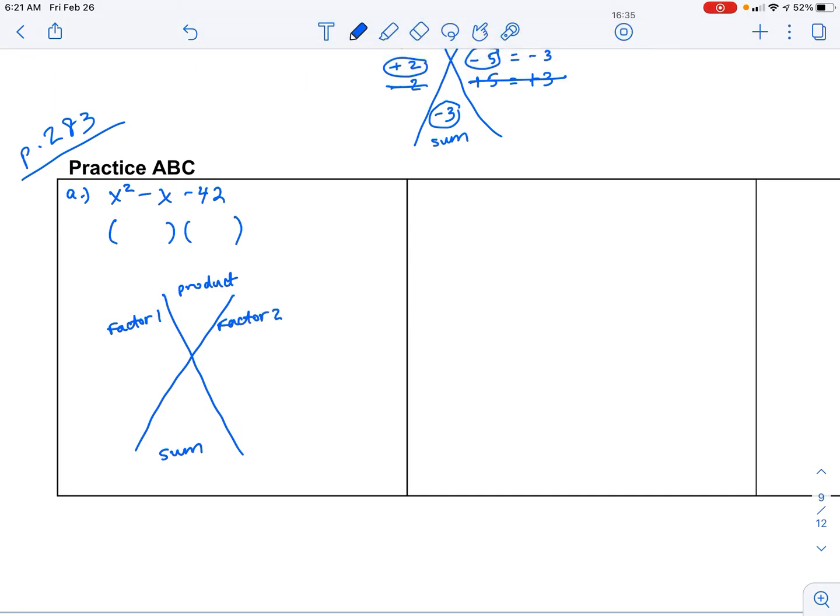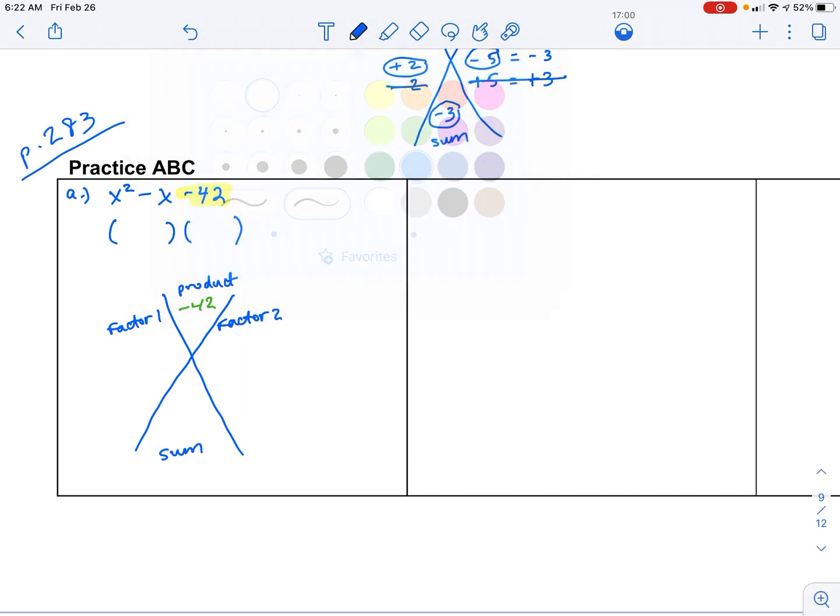All right, so we're looking for factors of 42. Well, there are several, so we have to think about what we are trying to accomplish here. Our product is going to be this number here, negative 42, so we're going to fill that in. And our sum is going to be, be careful here, what is it?